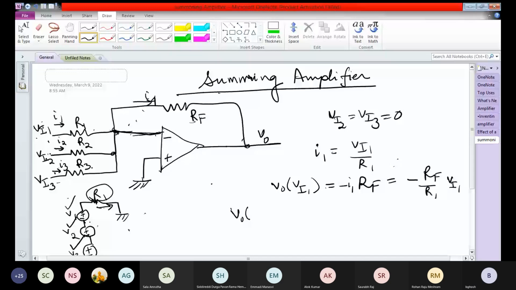Then V0 due to Vi1, for instance, is minus Rf by R1 times Vi1.